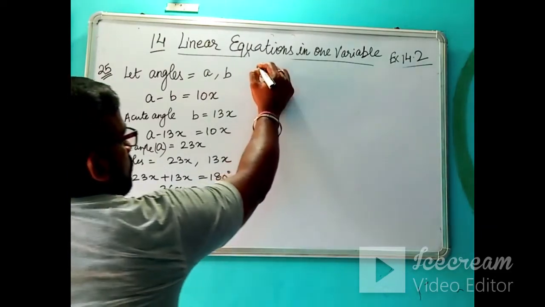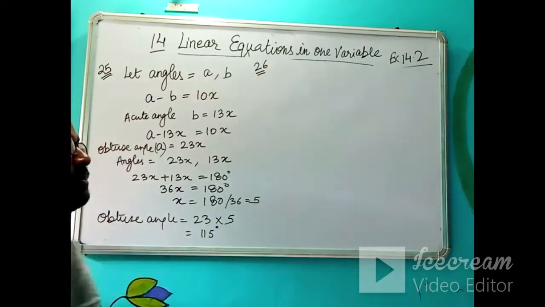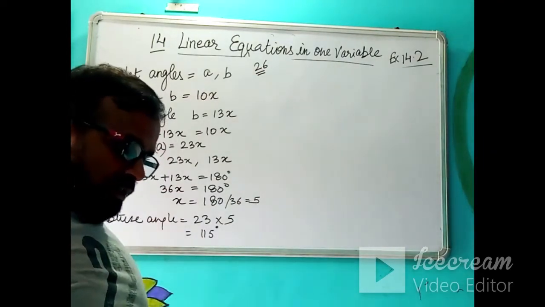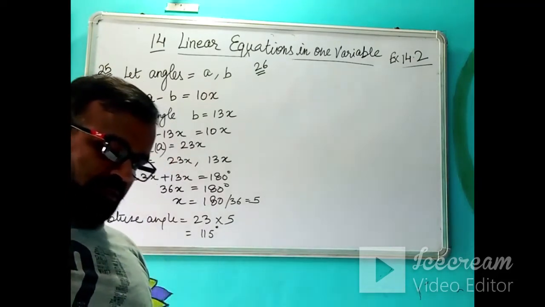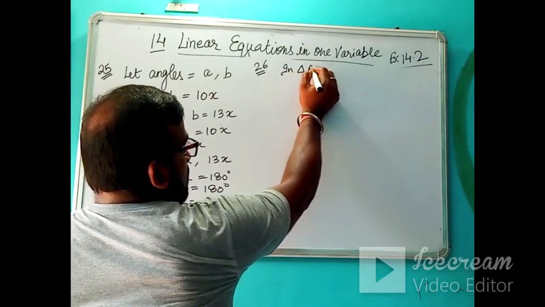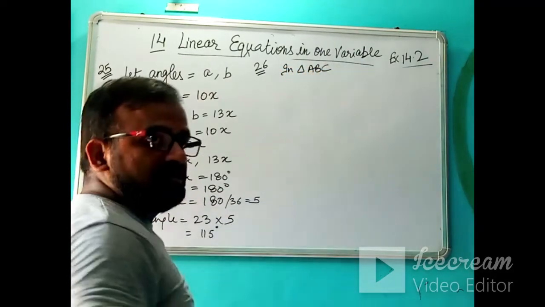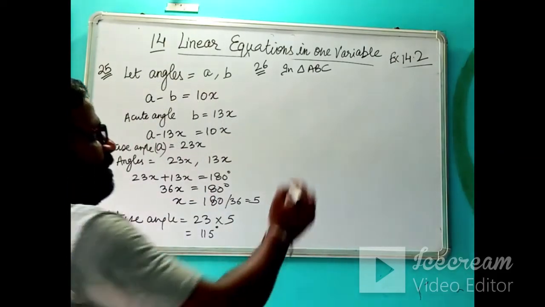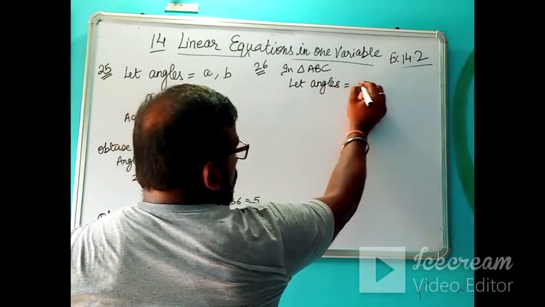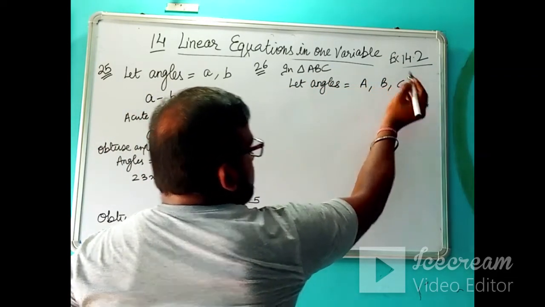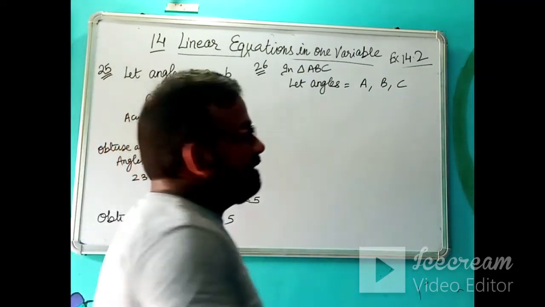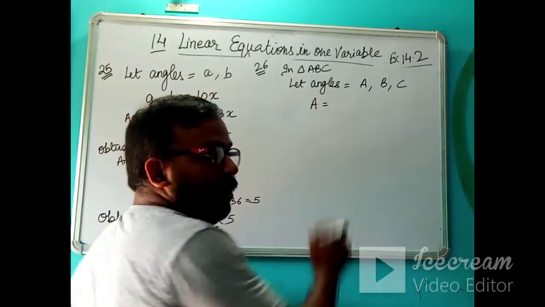Then moving on to the last question, that is question number 26. One angle of triangle ABC is equal to the sum of the other two angles. Also the ratio of angle B to angle C is 4:5. So in triangle ABC, let the angles be A, B and C. I have assumed the angles as A, B and C. Now angle A is equal to how much?